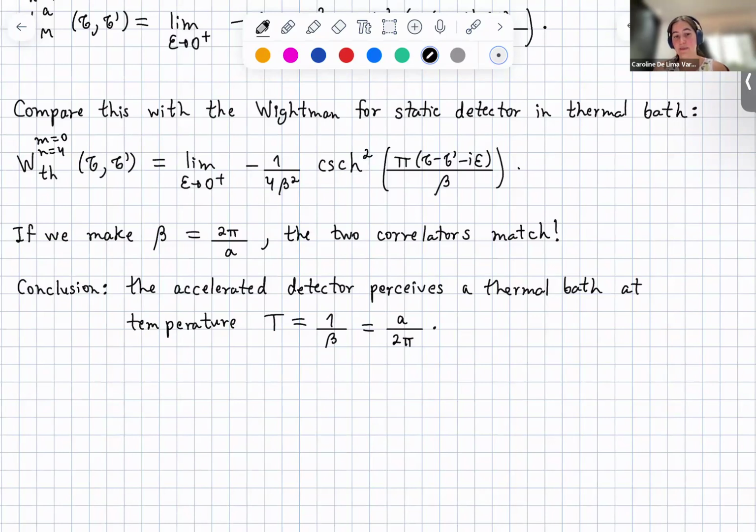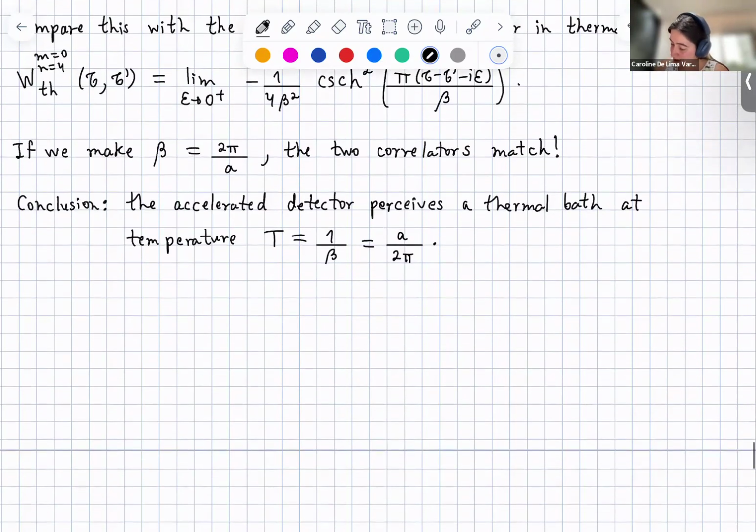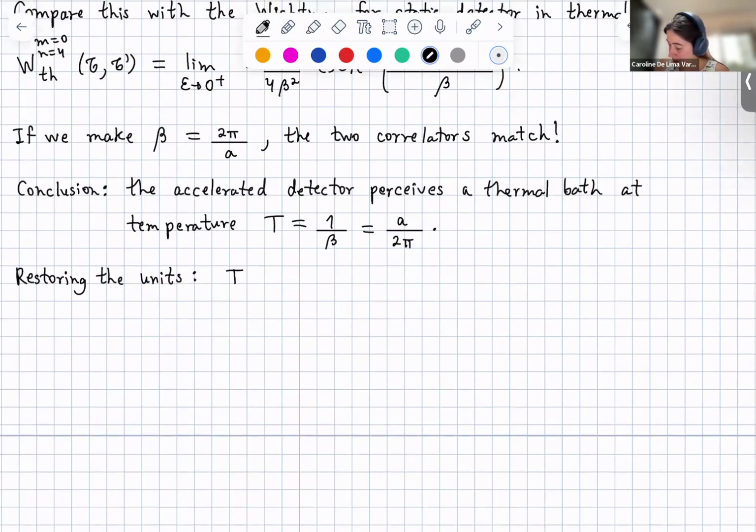Now, I guess it'd be useful to restore the units here. So if we restore the units, we're going to get that T is going to be h bar times a over 2 pi c k_B. Okay? And this prefactor here is really tiny.